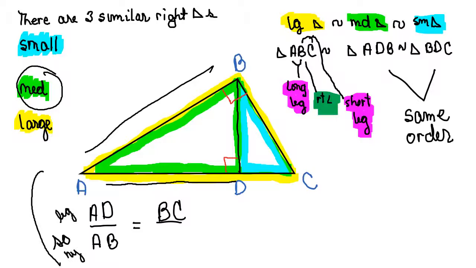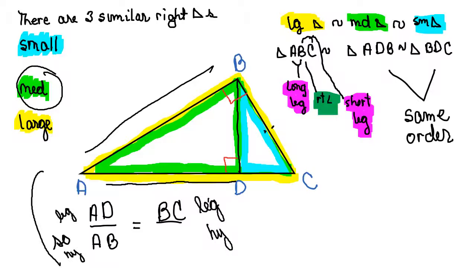BC, which could either be the large triangle, the yellow, or the blue triangle. But since AD is a leg, BC must be a leg, which means whatever is left over has to be a hypotenuse.